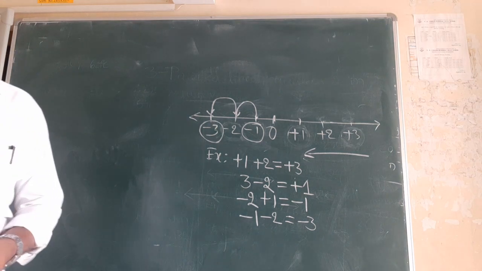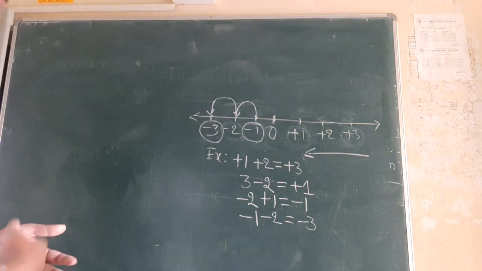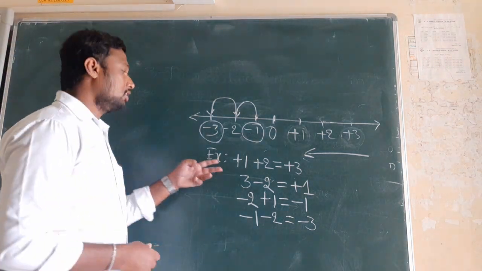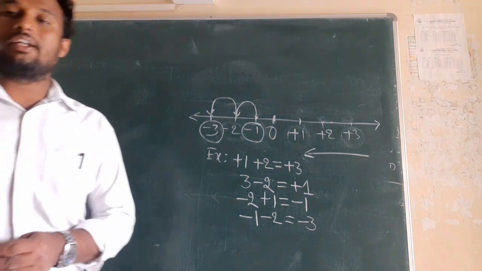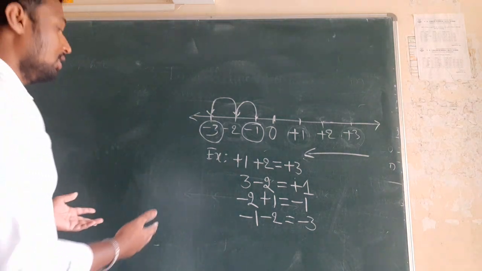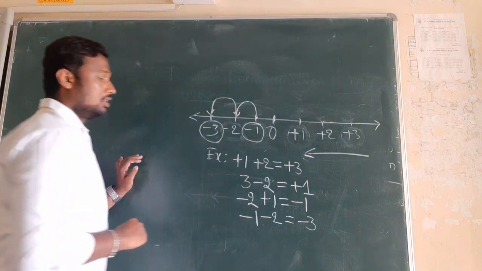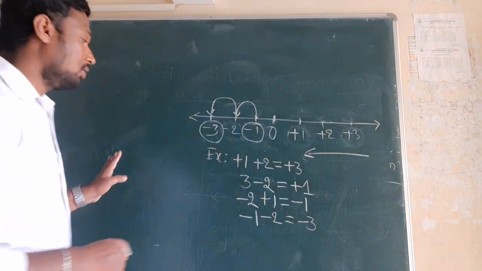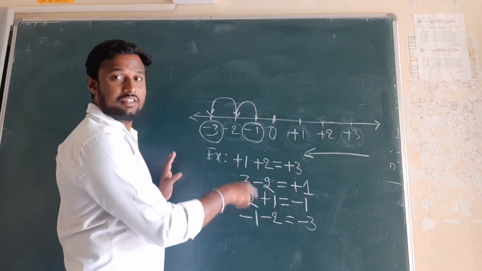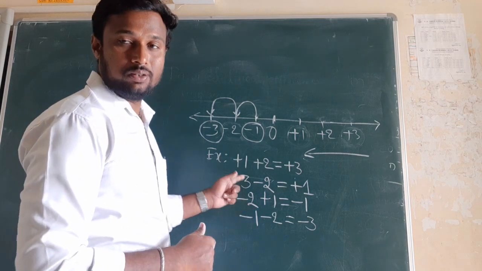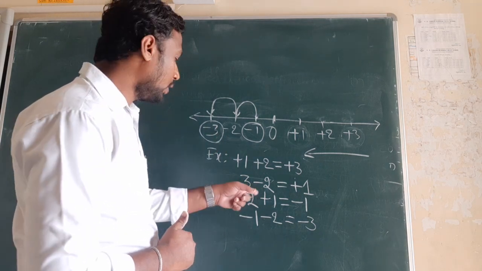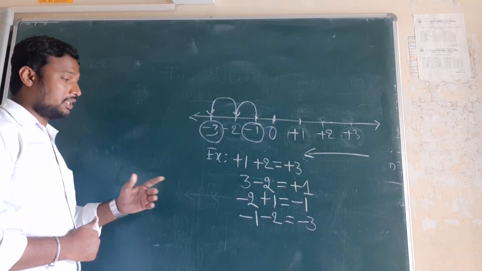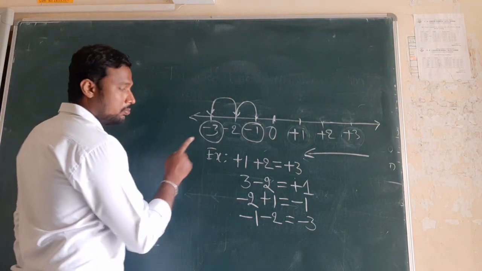Next after that, what do you have here? -2 plus 1. So here we got a negative integer also. The first two examples are related to just positive integers, but here -2 plus 1. Again we are adding, but we are adding to a negative integer. So -2, this is a negative integer. We are adding 1 to this -2.